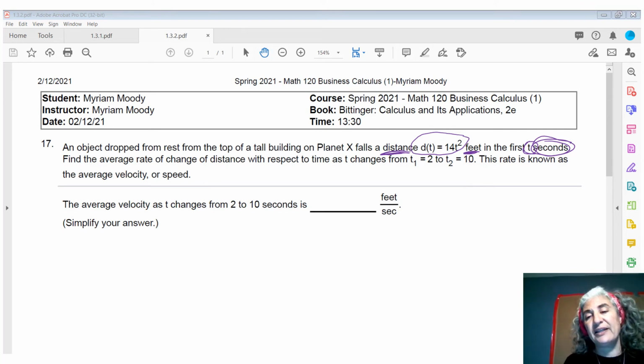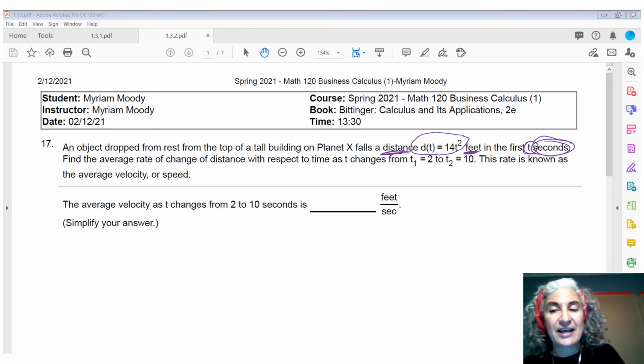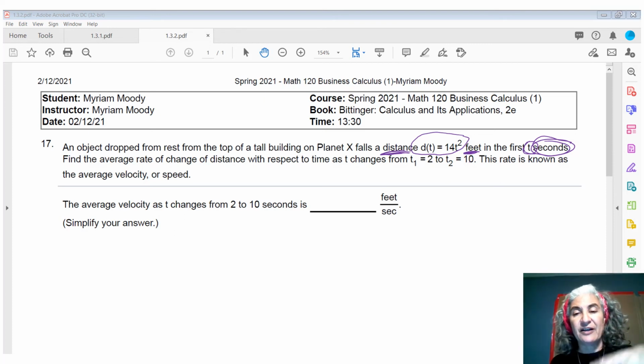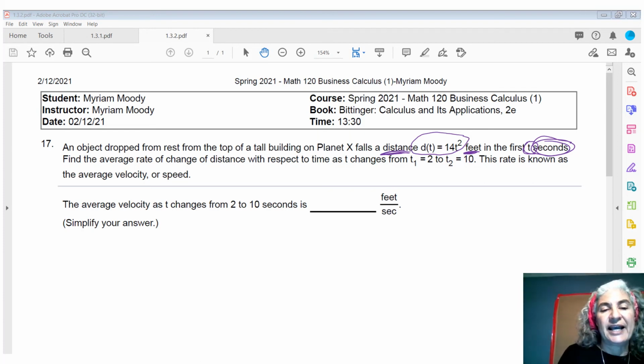So when we are dealing with distance and dropping things off the top of a building, the average rate of change is referred to as the average velocity. But the formula is still the same, and that's the cool part. So math gives us the formulas and how to use them, and then these other areas of study take those formulas and use them as they need them for their own purposes, so to speak, and in this case, to find the average velocity.